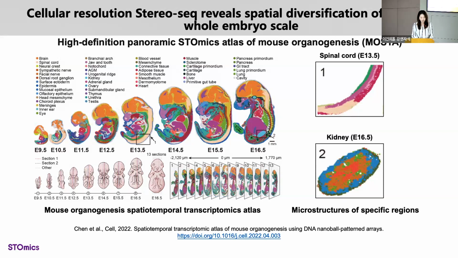The study sheds light on the molecular basis of spatial cell heterogeneity and cell fate identification in developing tissues. We were able to build a cellular resolution Stereo-seq atlas of mouse organogenesis and reveal the spatial diversification of cell types at whole embryo scale.